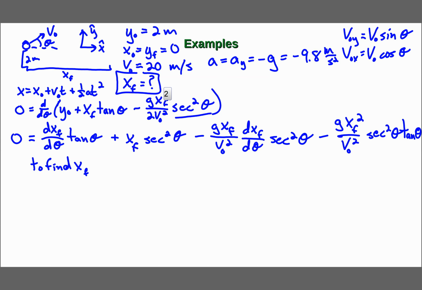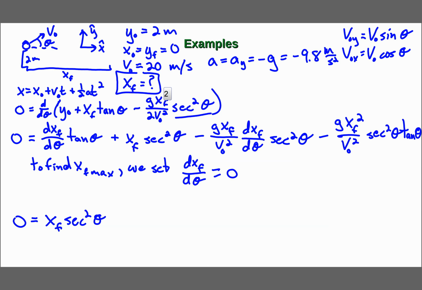xf max, we set dxf d theta equal to 0. Okay? We impose that condition. So when we do that, we have a new equation. We have 0 equals xf secant squared theta, because this is 0 and this is 0, so those two terms go away.